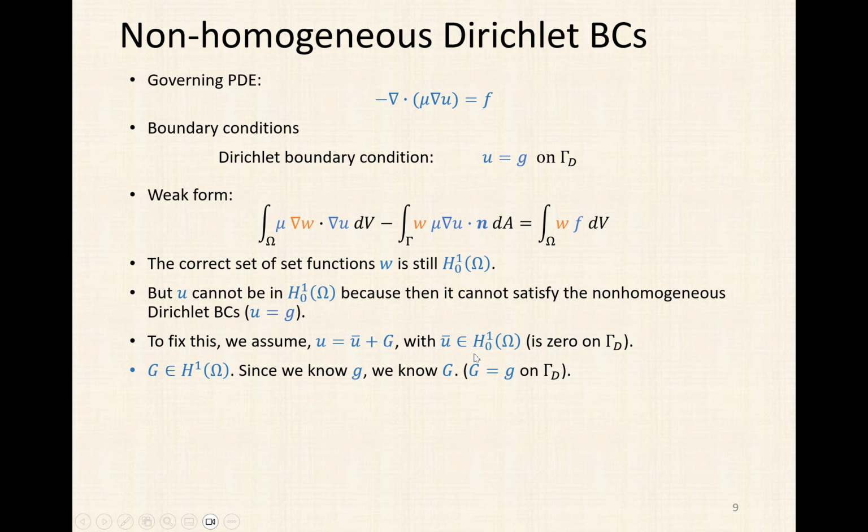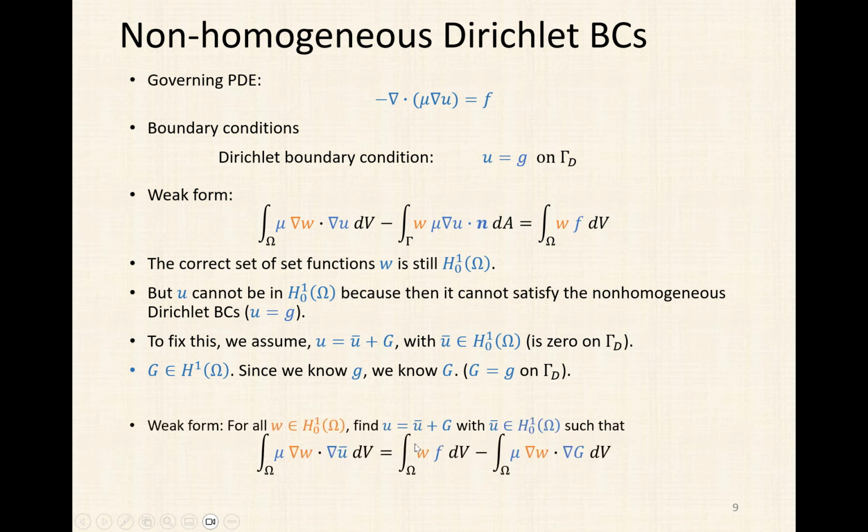Now, by making use of u equal to u bar plus G, we write this weak form. Again, instead of u, we have u bar. We solve for u bar such that u bar equals 0 under Dirichlet boundary.